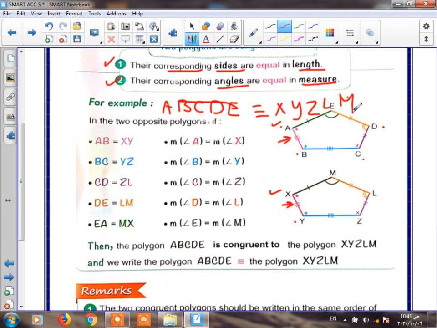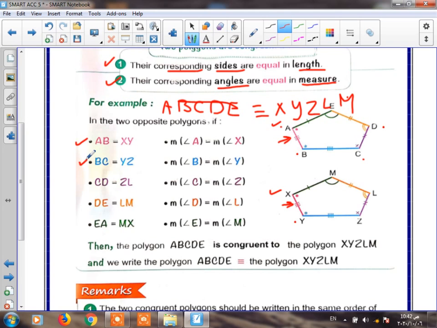That means AB equals XY, and angle A equals the measure of angle X. Again, AB equals XY in length, and the measure of angle A, this angle in the big one, equals the measure of angle X. For example, if angle A equals 90 degrees, then angle X also equals 90 degrees. BC, the blue line, equals YZ; they are equal in length.